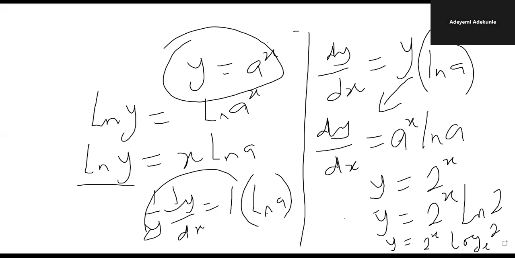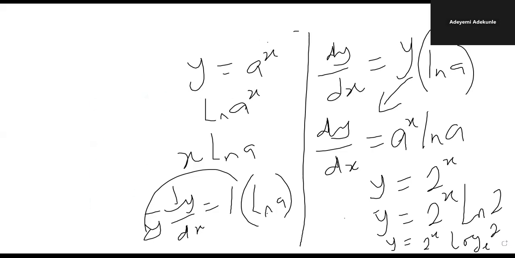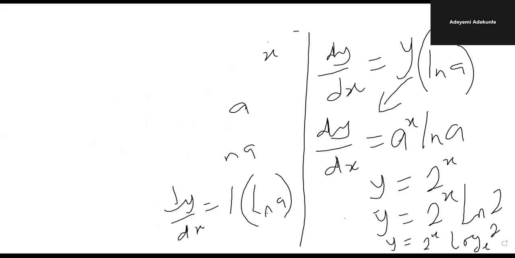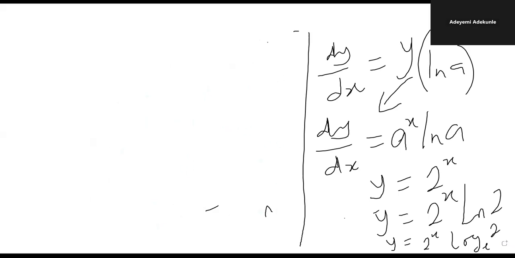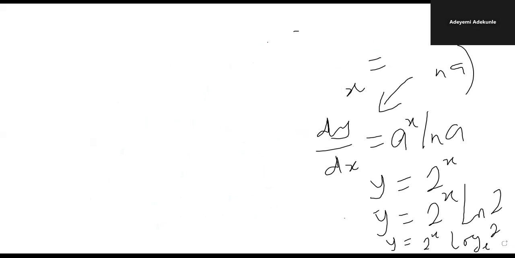All right, I believe we are still together. The last one that we'll be doing for us today is this. I've been seeing a lot of questions related to this.